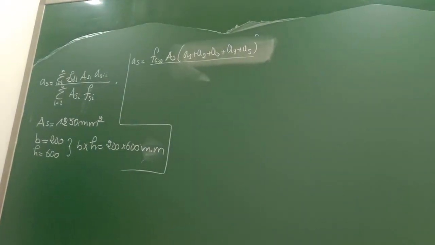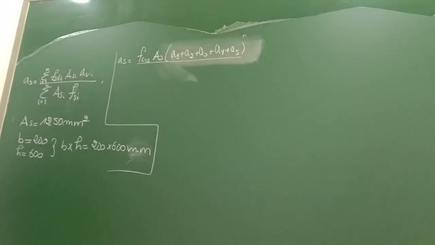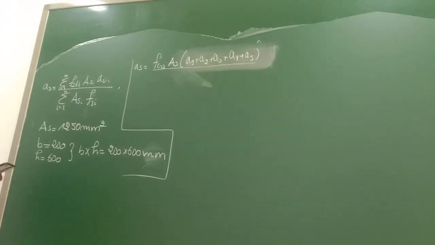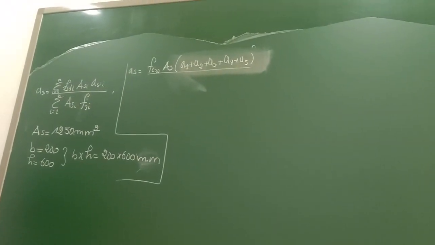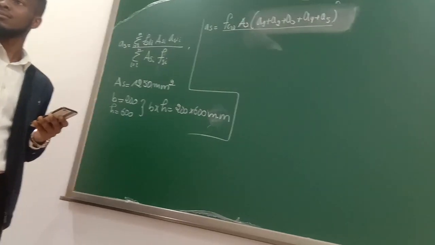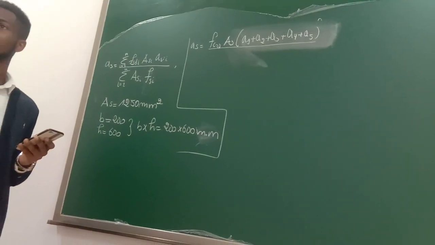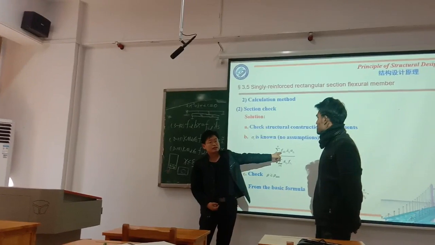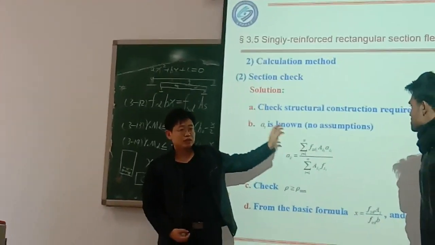Only the line is right there. Okay, this one. If you use different types of steel, maybe HRB 335 inside.